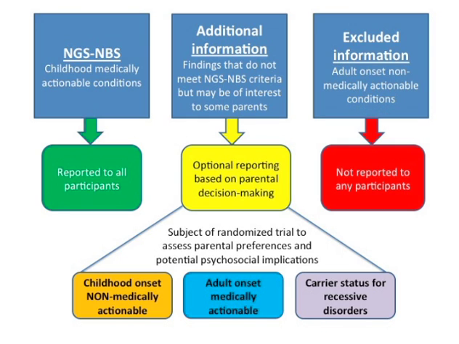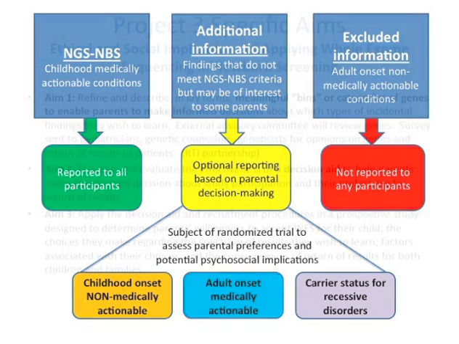So some will be randomized into what's called the choice group, because we're interested to see how parents deal with choices like that, whether they want the information or not. And hopefully we'll also be able to report back carrier status for recessive conditions, or give that as an option to parents who are in the choice group. And then we won't be reporting back any information on adult onset non-medically actionable conditions, such as Alzheimer's.